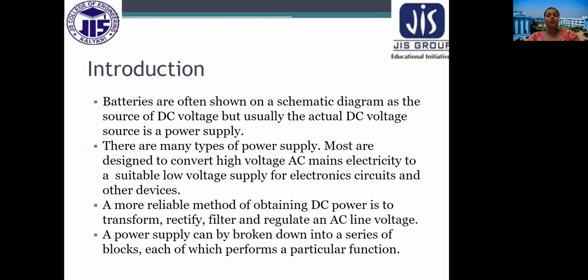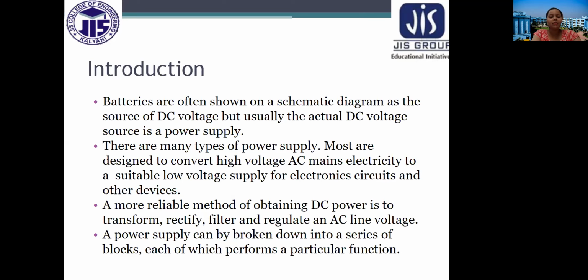So batteries are often shown on a schematic diagram as the source of DC voltage, but usually the actual DC voltage source is a power supply. There are many types of power supply. Most are designed to convert AC voltage, high mains electricity, to a suitable low voltage supply for electronic circuits and other devices.